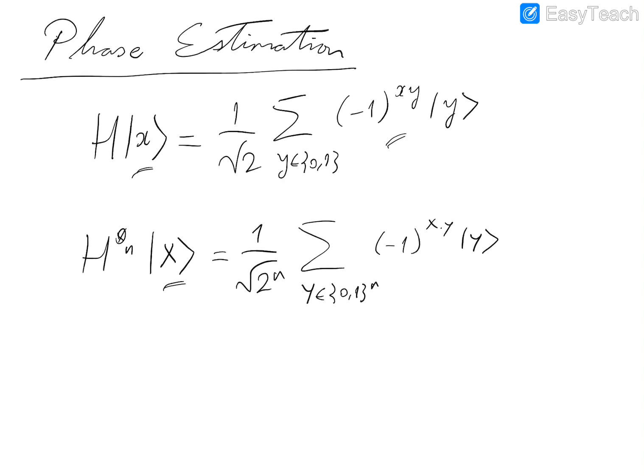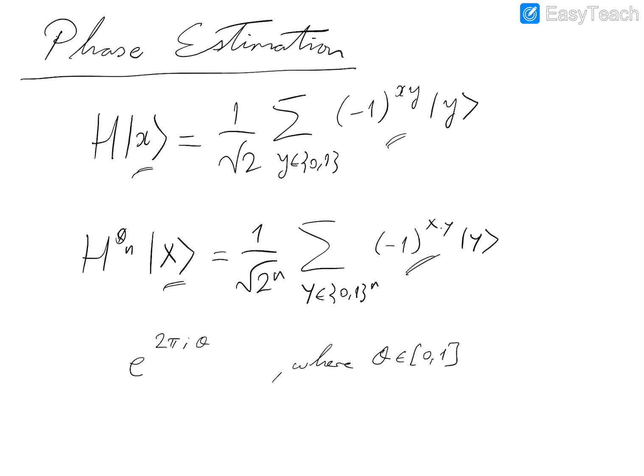Okay, but the phase of this kind is a very restricted form, because in general a phase is a complex number of the form e to the 2 pi i theta, where theta is a real value in the closed interval between 0 and 1.